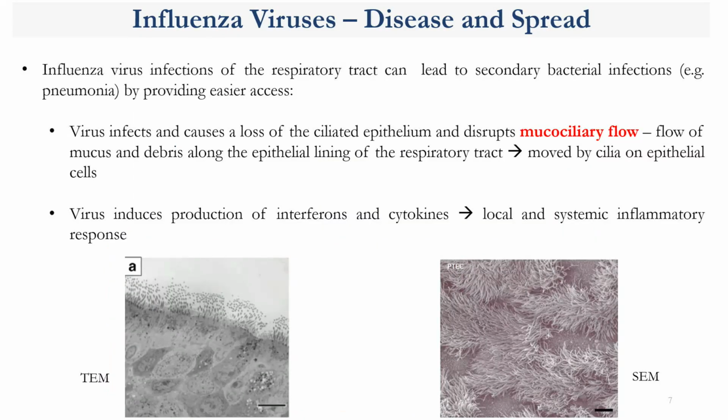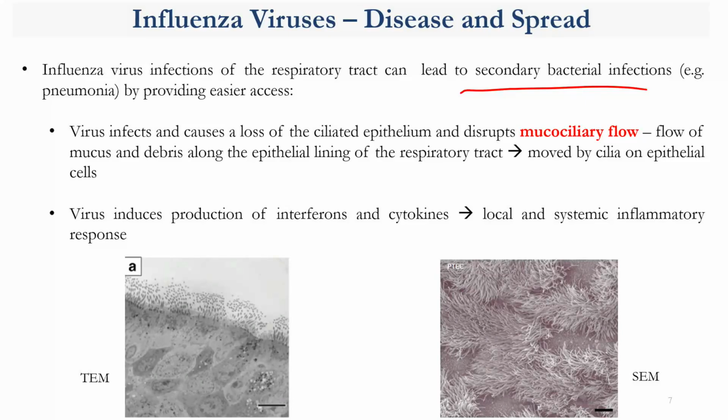All right, so the influenza virus causes infection of the respiratory system, as you guys already know, and it can lead to secondary bacterial infections, for example pneumonia, by providing easier access to the lung cells.